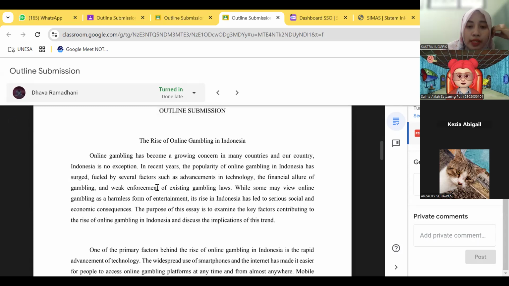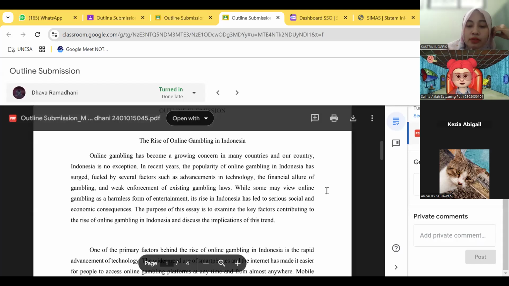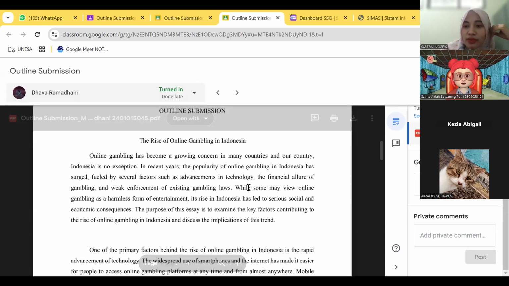I think your wording is quite good. However, it is not enough because you have to enclose the data. Probably 70% of Indonesian people have downloaded gambling applications and so on and so forth.